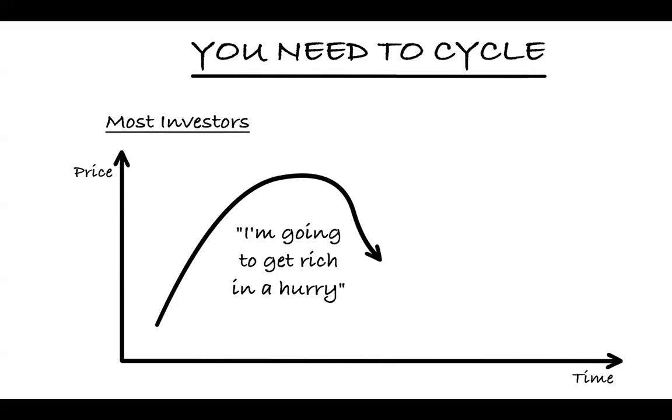You need to cycle, okay? Quite simply, you need to cycle. And to do that, you need to change your mindset, because this is how most investors think: I need to get rich in a hurry. I'm going to get rich in a hurry. It's going to go up and I'm going to get rich overnight, within a very short space of time.